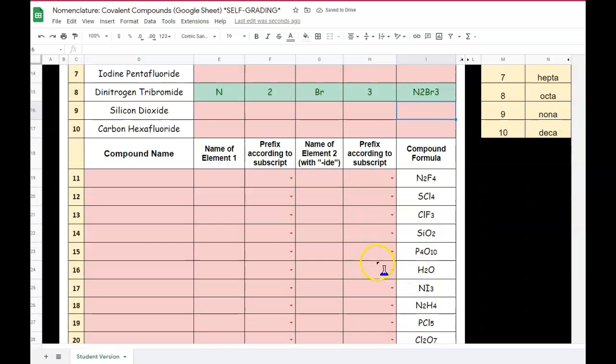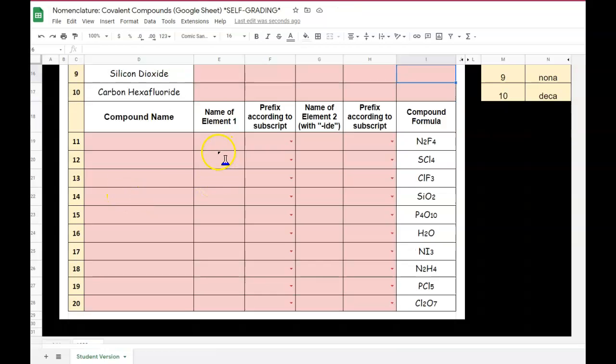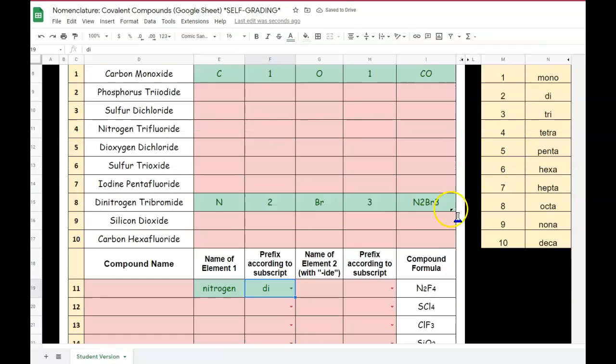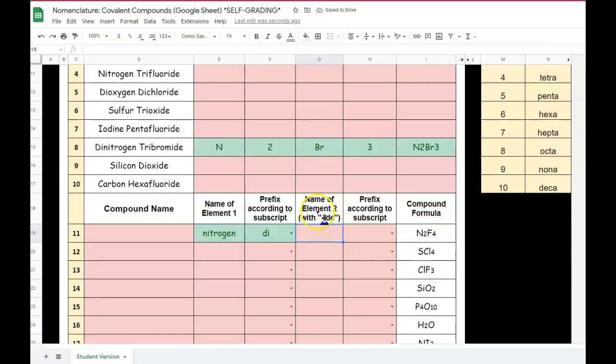Now, when we're down here doing this part, we're going to put the name of the symbol. N, we know, is nitrogen. The subscript is 2, so we look, 2 is di. Again, if you need help, you can scroll up here. The name of the element with the -ide, so that's F, fluorine.